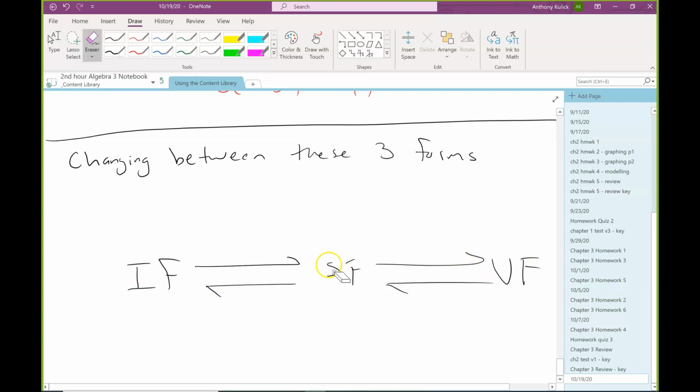And then I have some arrows pointing in each direction. So for example, to move from Intercept Form to Standard Form, we're going to use FOIL. To go from Vertex Form to Standard Form, we're going to expand and then distribute.